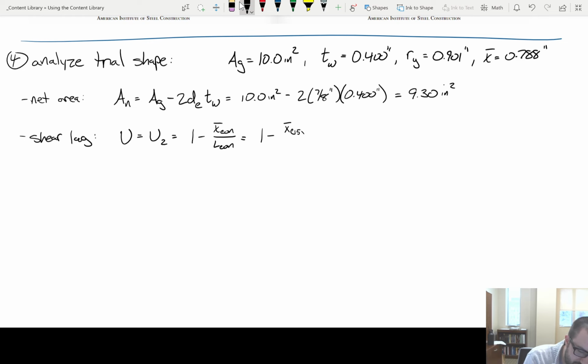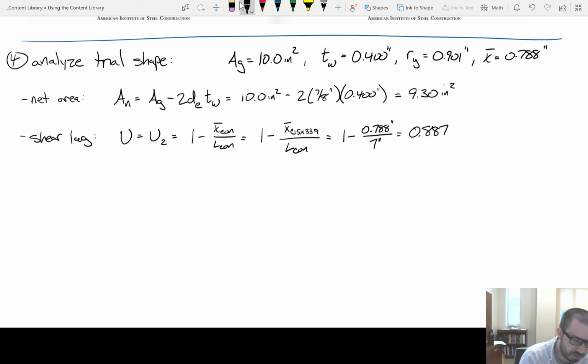So 1 minus 0.788 over L connection, 7 inches. In this case, that comes out to be 0.887.